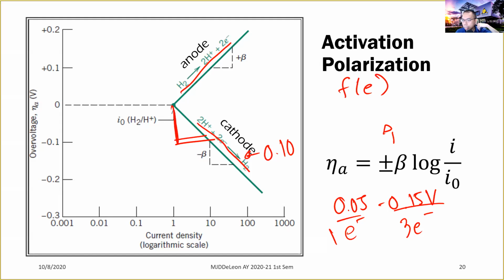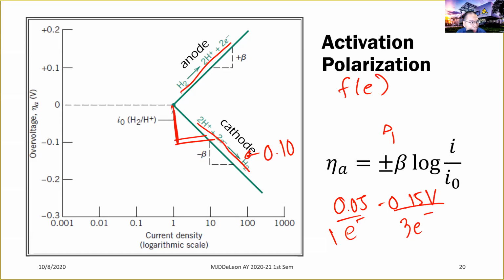The Tafel slope we can take as a material constant or a system constant. Sir, if the coupled metals have one with 1 electron and the other with 2 electrons, you multiply the 1-electron reaction by 2 to balance it with the other reaction.